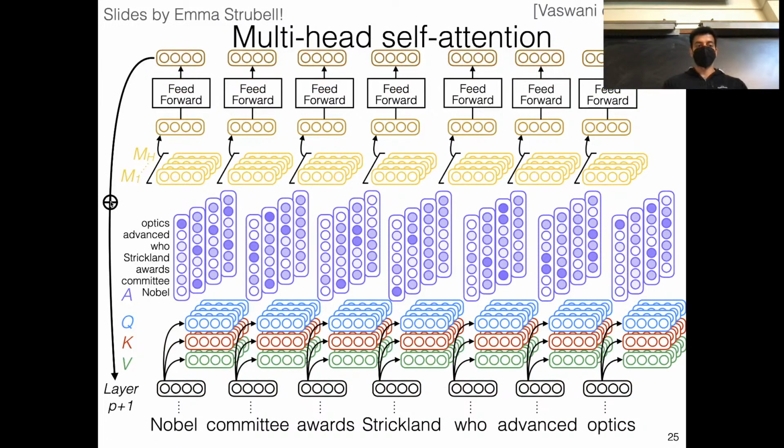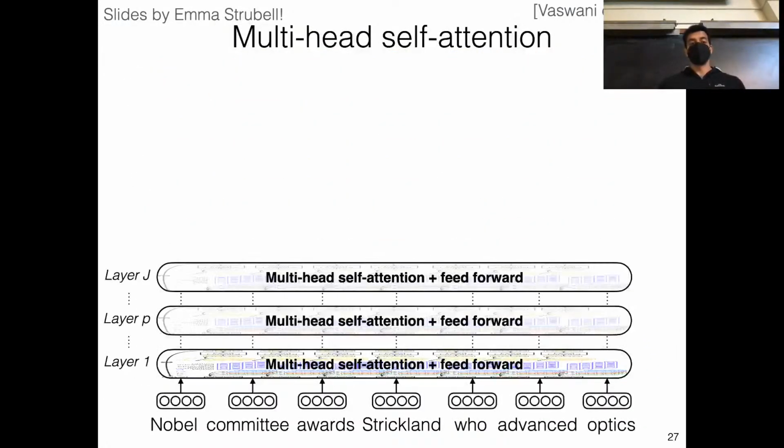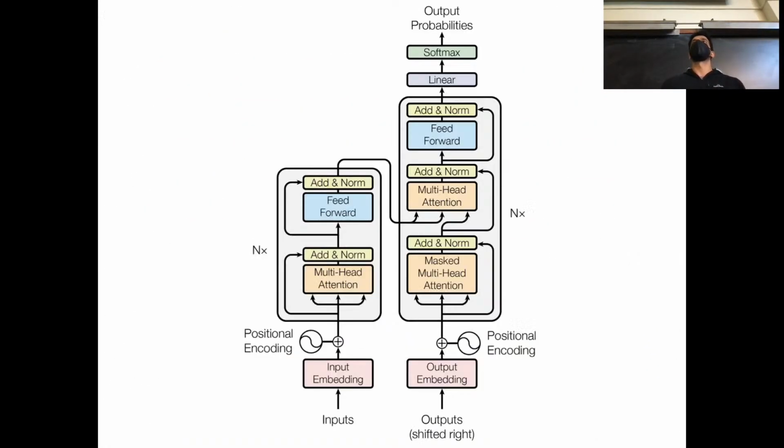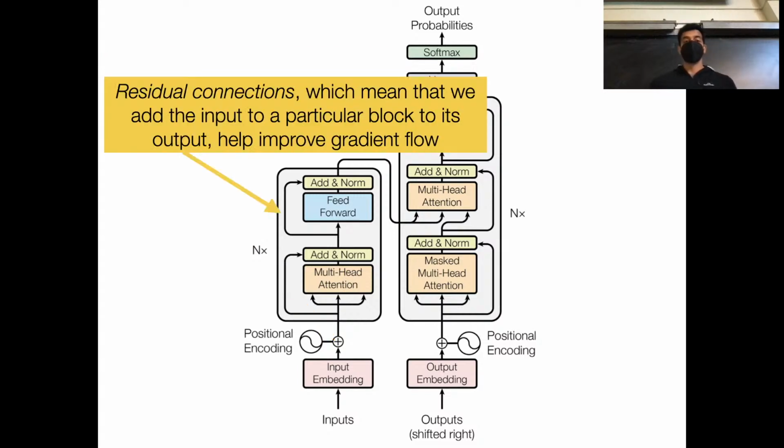You see this plus, and the sum is then moved as input to the next layer. So the residual connection is used to improve the gradient flow in a model, giving a shortcut to the input of the previous layer. Similarly, layer normalization is also used to improve the gradient flow of the model. We're not going to talk about that here.